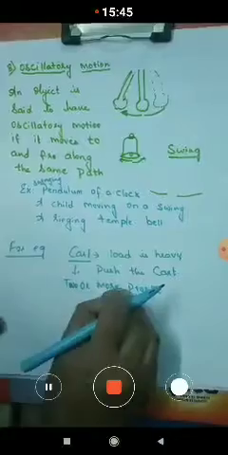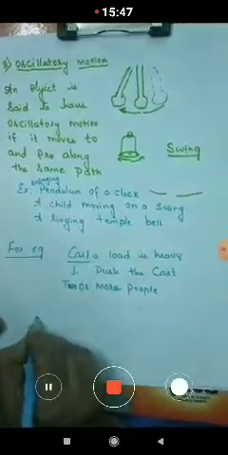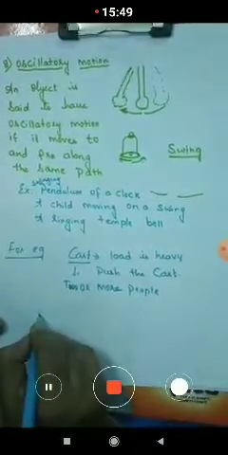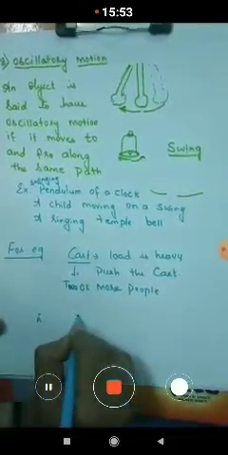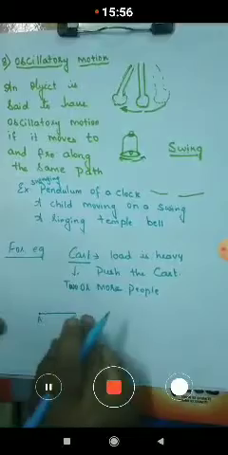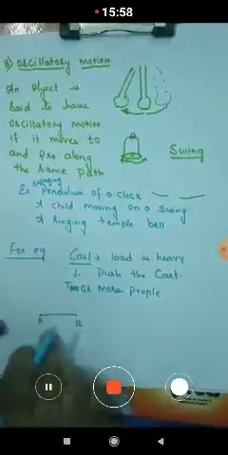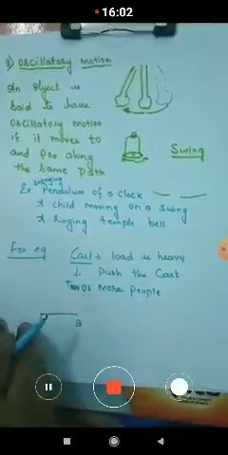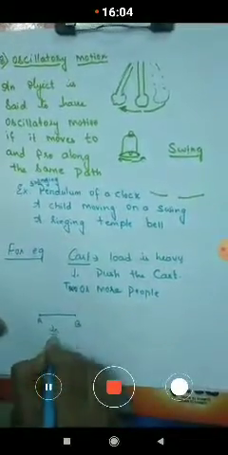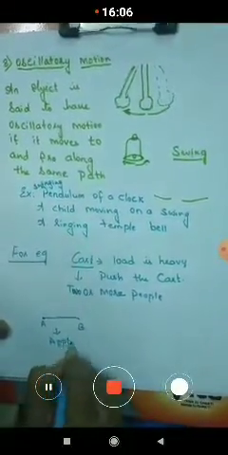Now the cart which was in position A has moved some distance to B. So from here to here, the cart has been pushed. Here they are applying the force. The people who have come here to push the cart apply the force.